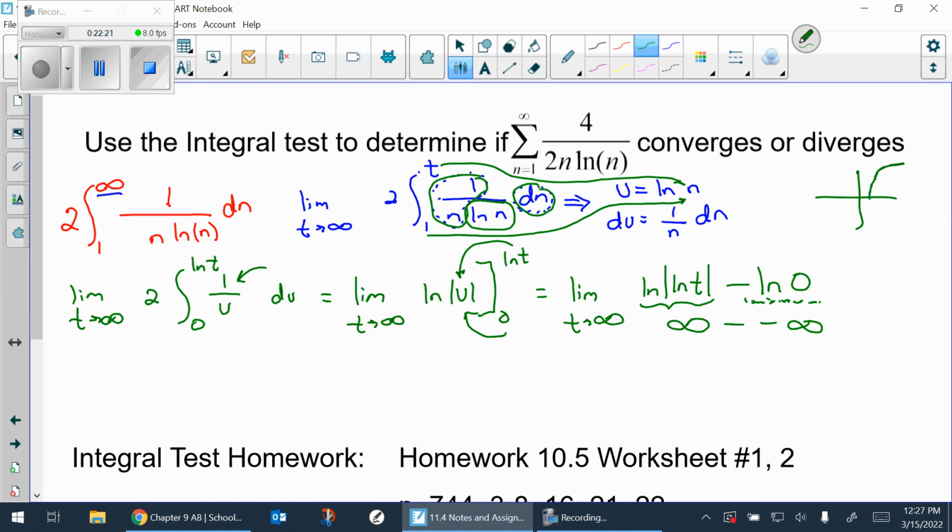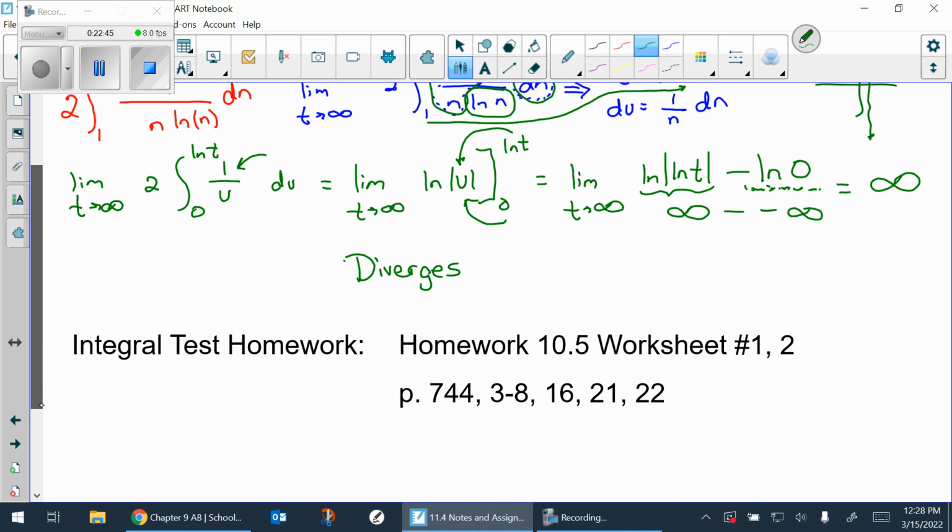The closer I get to 0, the further down this thing goes. And so we're going to get some number we cannot assign a value to. And so therefore, this particular series, by the integral test, diverges.